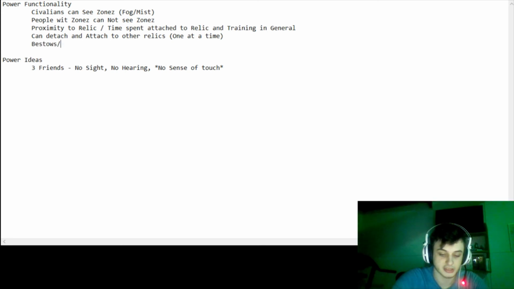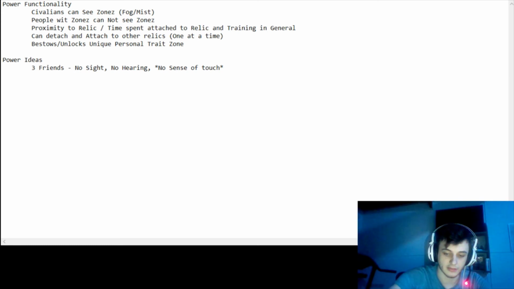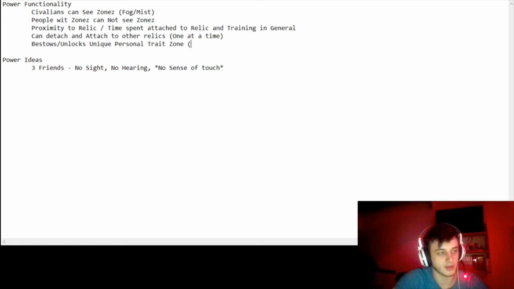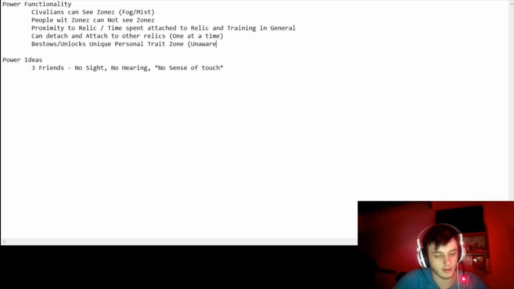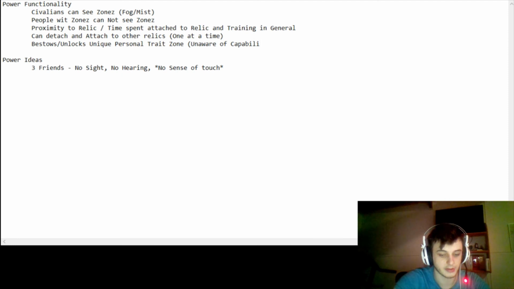Bestows / unlocks a unique personal trait zone. I'm gonna have it so, I like what we talked about, having you not know what's going on, unaware of your capability at first.